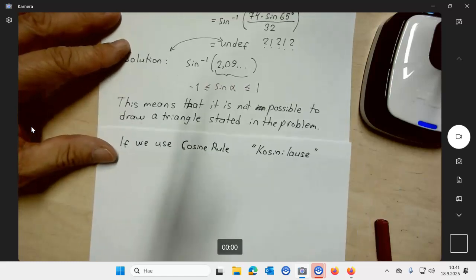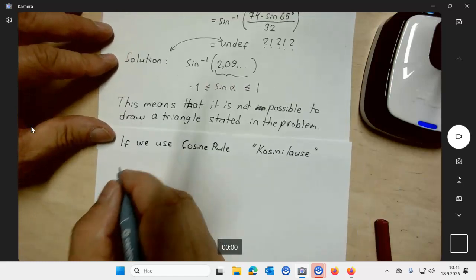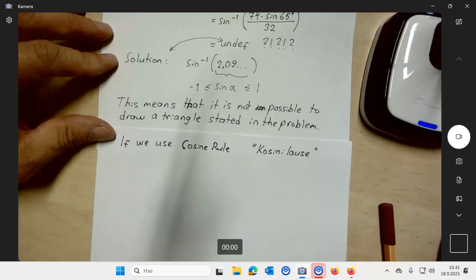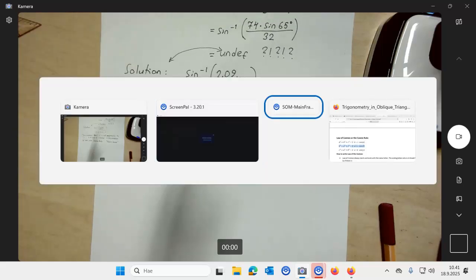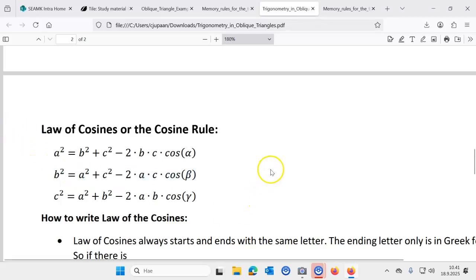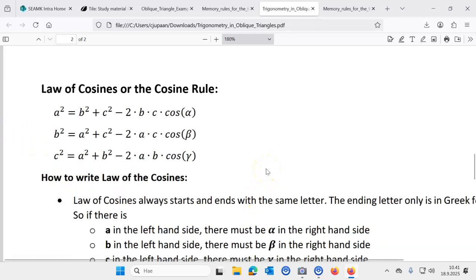And there we will get... This cosine rule always has the same idea. In the beginning of that cosine rule or the cosine equation, there is always some kind of part which looks a little bit similar to the Pythagorean theorem. For example, the last one here is exactly the same as the Pythagorean theorem in right angled triangles.